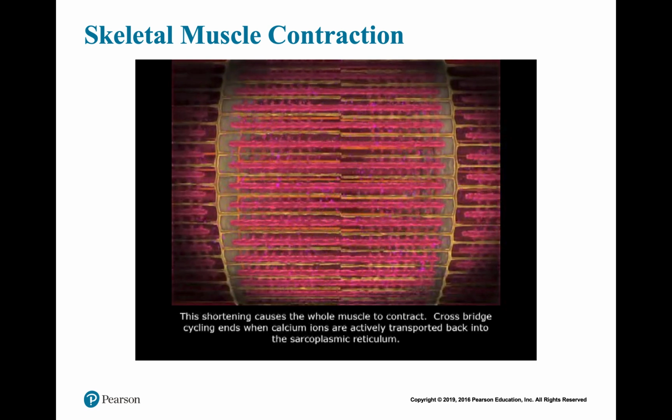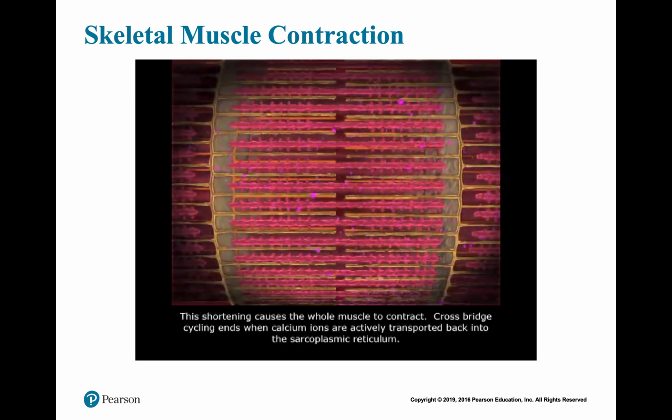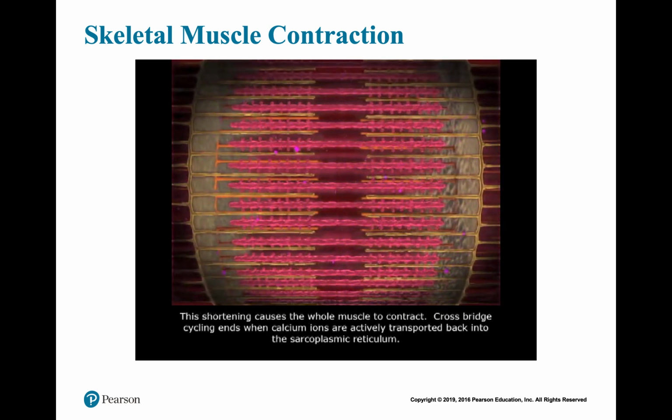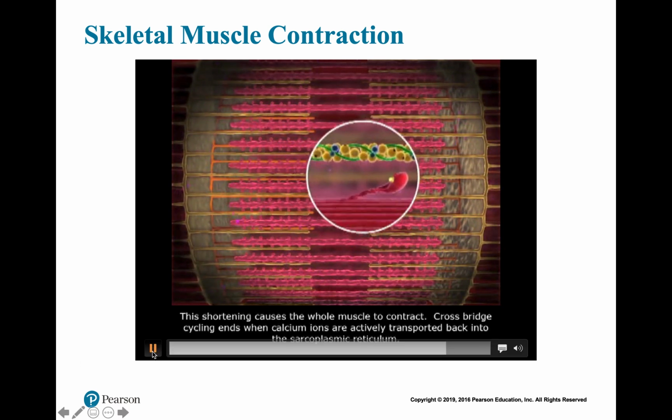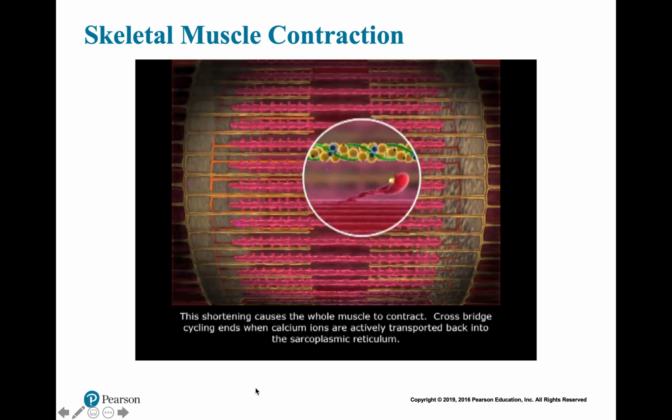Crossbridge cycling ends when calcium ions are actively transported back into the sarcoplasmic reticulum. So in order for contraction to stop, the motor neuron stops sending information for contraction. So the motor neuron stops sending signals. That means we no longer have an action potential along the length of the sarcolemma. And when that happens, calcium will start to be actively transported back into the sarcoplasmic reticulum.